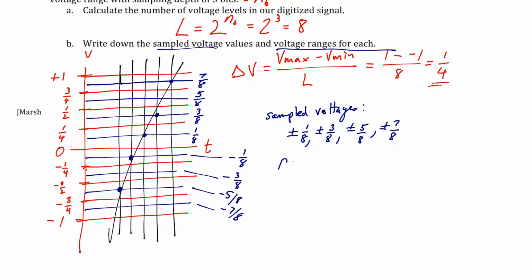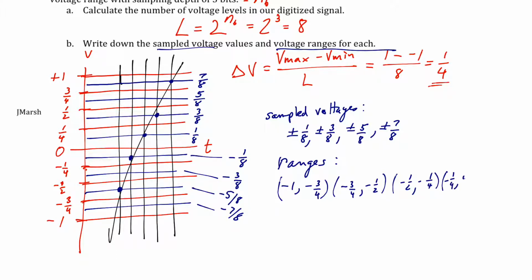The ranges are from -1 to minus 3/4, minus 3/4 to minus 1/2, minus 1/2 to minus 1/4, minus 1/4 to 0, 0 to 1/4, a little bit tedious here, 1/4 to 1/2, 1/2 to 3/4, and finally 3/4 to 1.